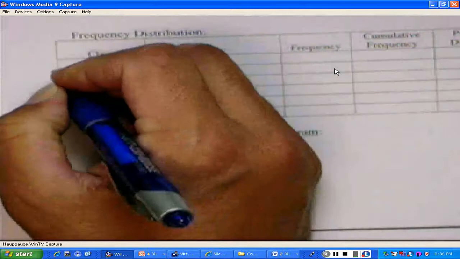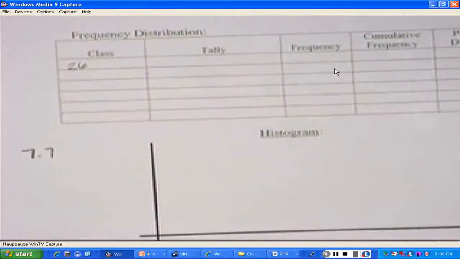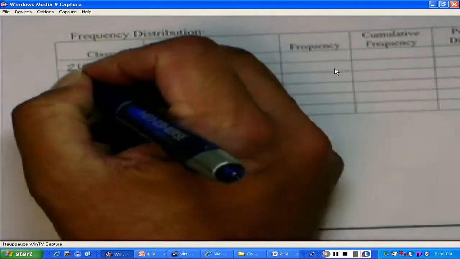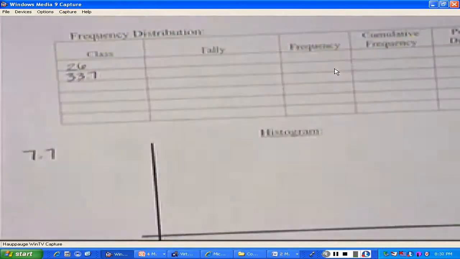Okay, so what do I start with? 26. Okay, so now I do what? 26 plus 7.7, that gives me 33.7.